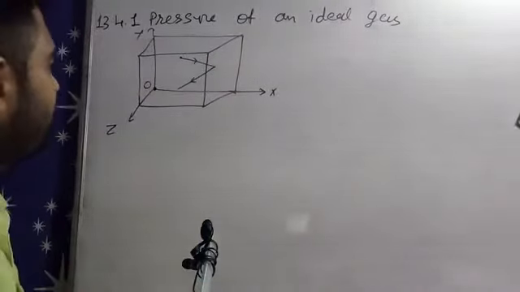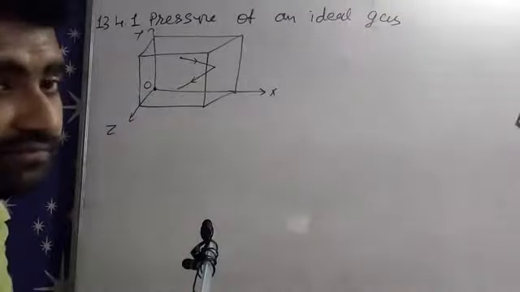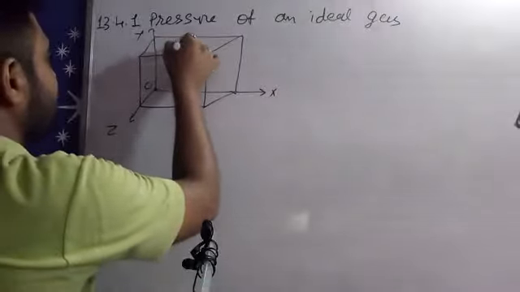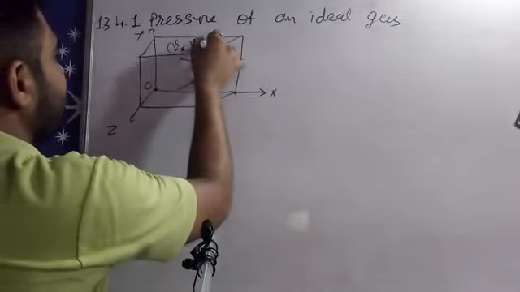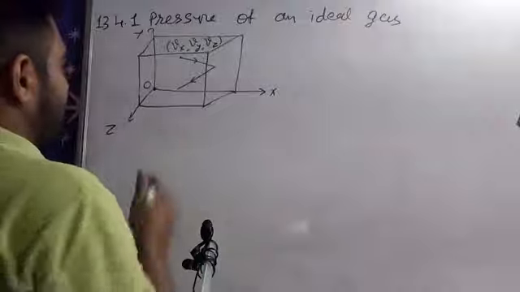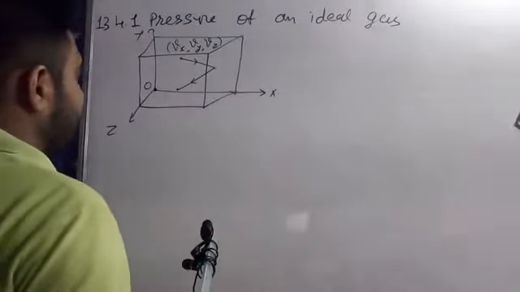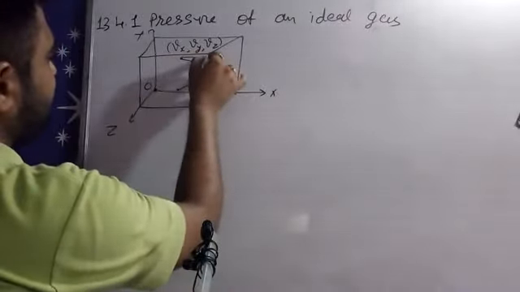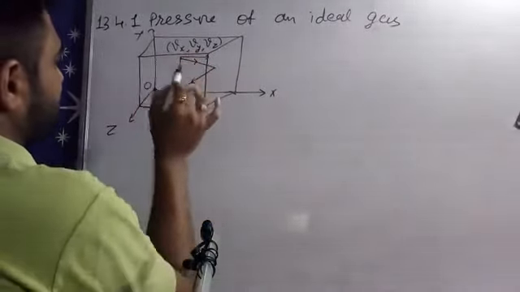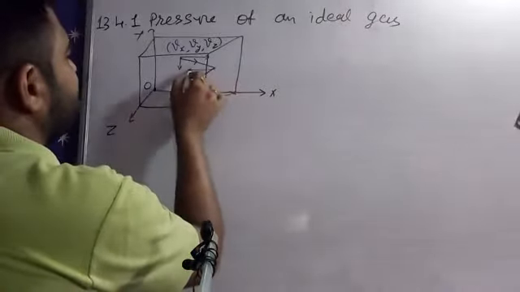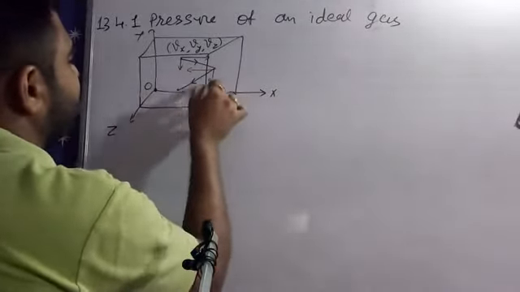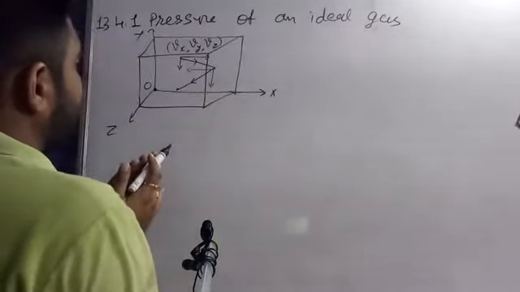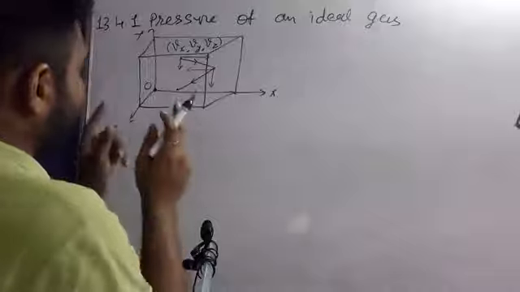If we are talking about velocities, here we have velocity in three dimensions: vx, vy and vz, right? If we project all the velocities in this direction and downward direction, vx is now becoming opposite.